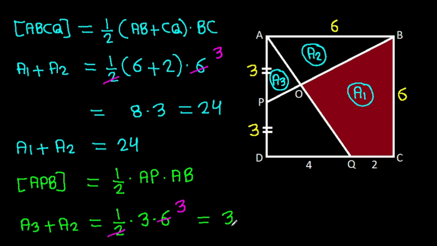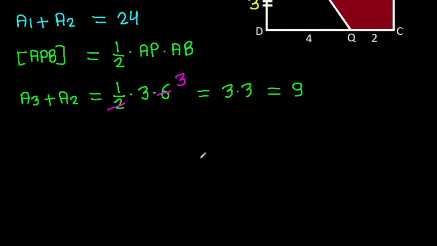So it is 3 times 3, that will be 9. So A3 plus A2 is 9.